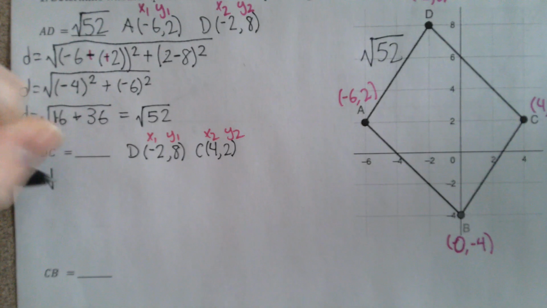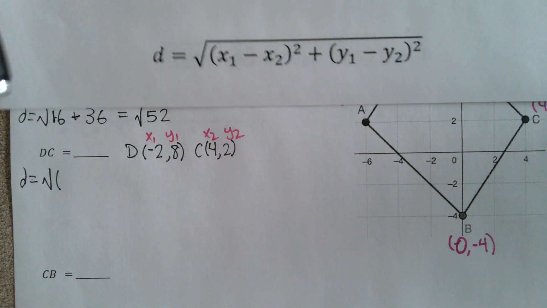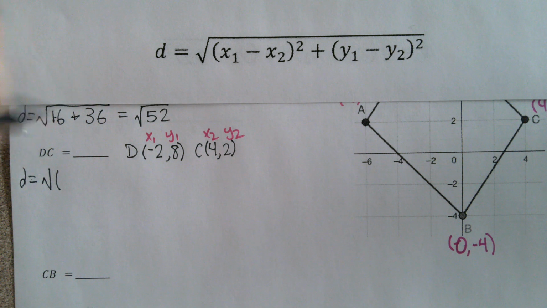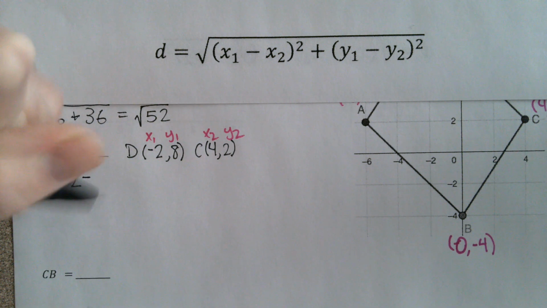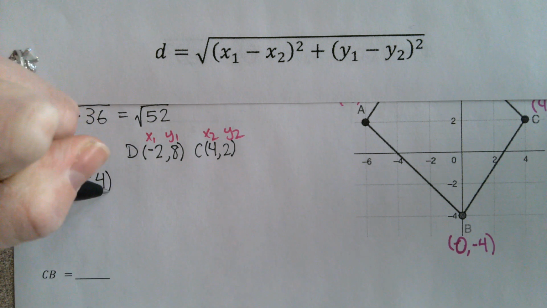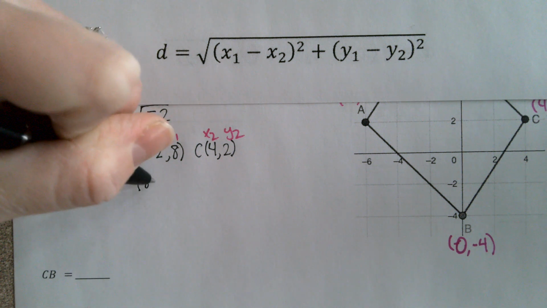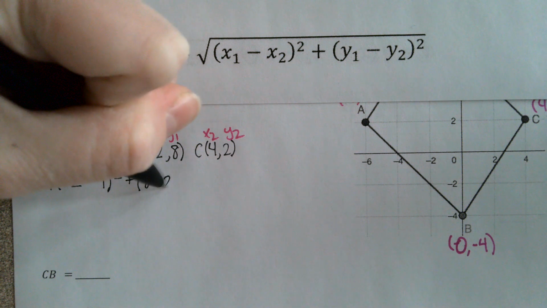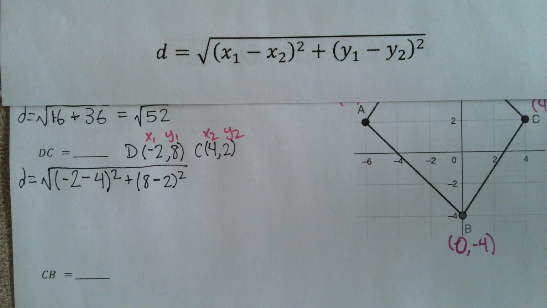D equals the square root, parenthesis. I'm going to bring this into shot here so you can see it the whole time. X1 is -2 minus x2 is 4 squared plus y1 is 8 minus y2 is 2 squared. Closing off my square root.